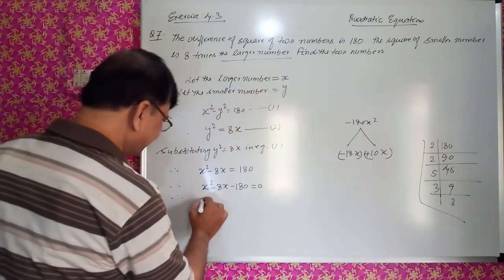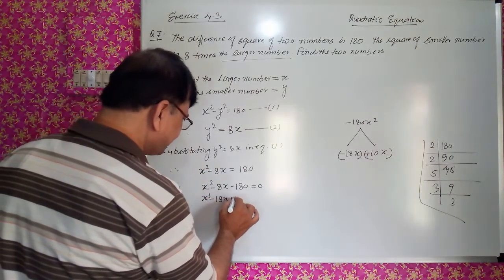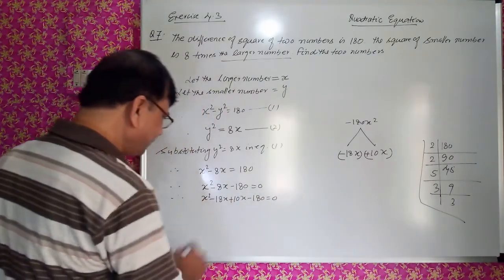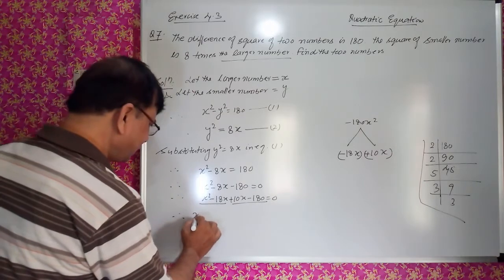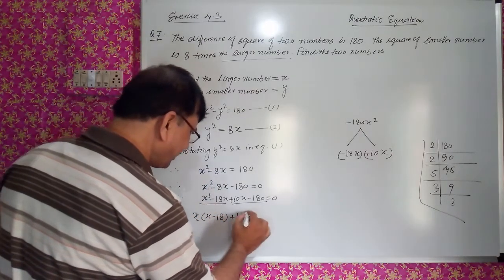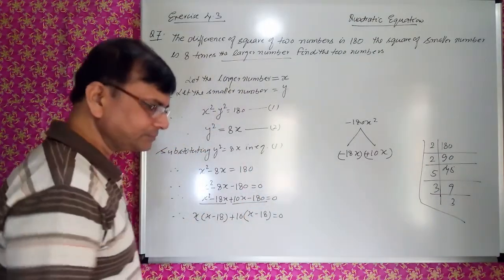Therefore, this can further be written as x square minus 18x plus 10x minus 180 equal to 0. So two terms we will be taking, and taking x common from this, it is x(x minus 18), plus taking 10 common over here, 10(x minus 18), that is equal to 0.